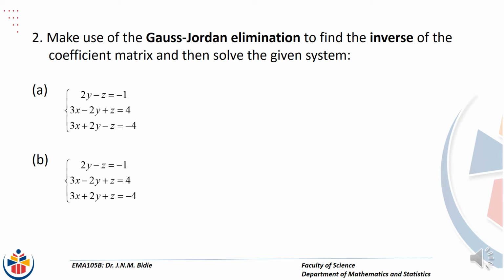Remember, I'm hoping you're noticing the first row will be 0, 2, -1, augmented to 1, 0, 0. But then you cannot have 0 as the first entry. So it requires that you do an interchange of rows so that we can have a 1 as the first entry. Solve and see what you get.